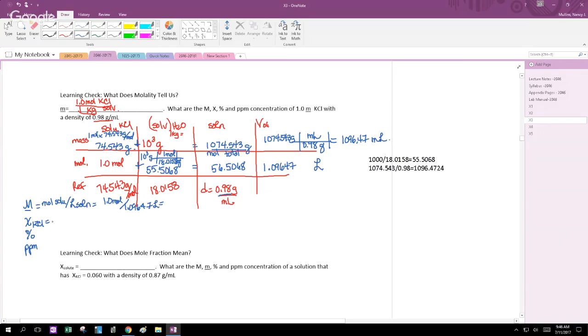Mole fraction is a ratio of moles to the total moles. I have 1 mole of my KCl, and my total moles are 56.5068. How do I calculate my percentage?